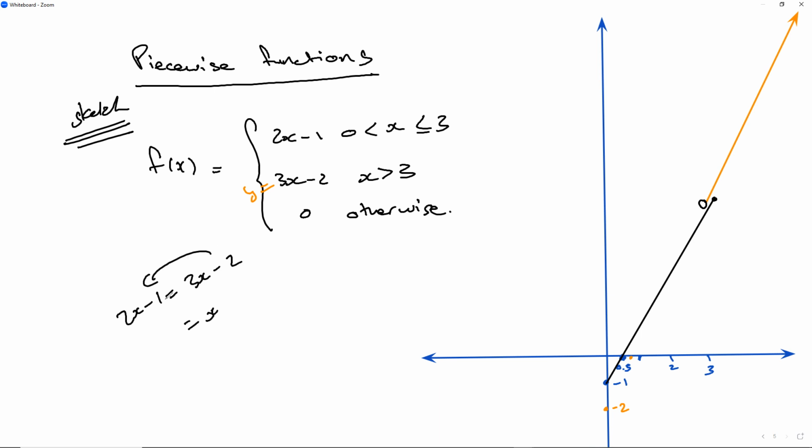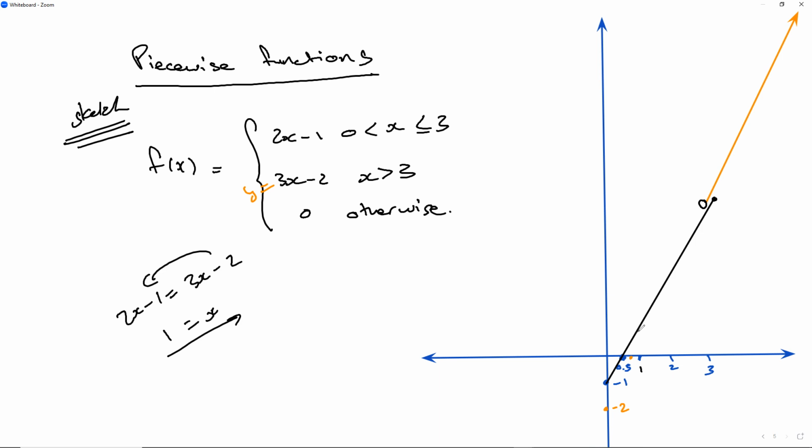It's going to be x equals 1. So for x equals 1, they're going to be equal, but they're not going to meet there. When x is 1, they're going to cross each other's paths. If I put 1 into here, I get 2 minus 1, which is 1. Put 1 into here, I get 3 minus 2, which is 1.